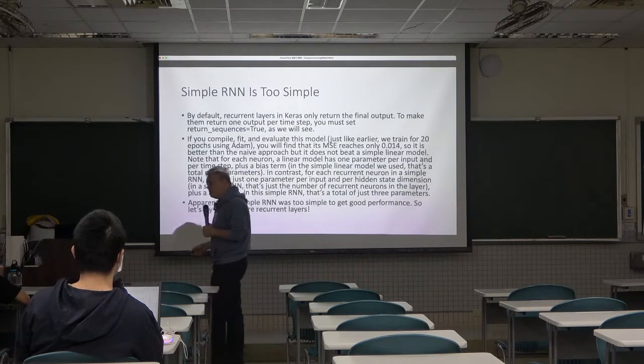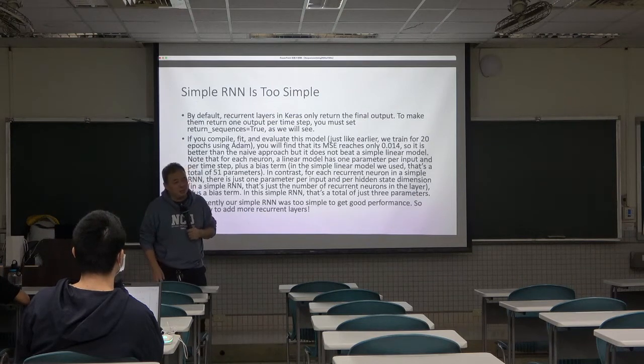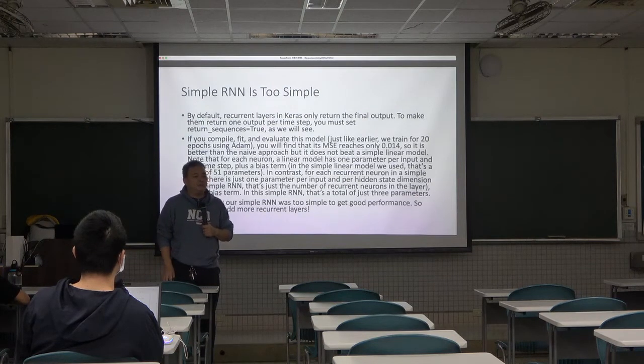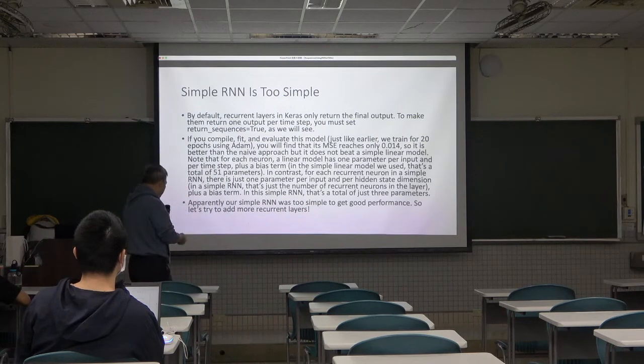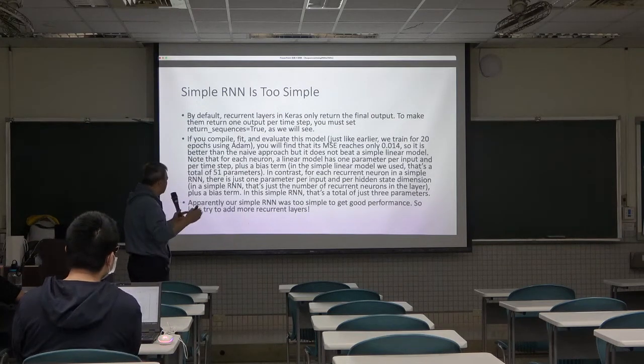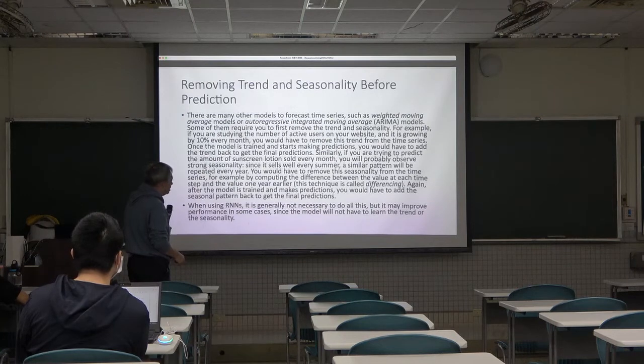But just like any other neural network, for the same number of parameters, a network with more layers is more powerful than a network with more neurons per layer. So even though we can add more neurons per layer in this case, it's probably a better idea to just add more layers.